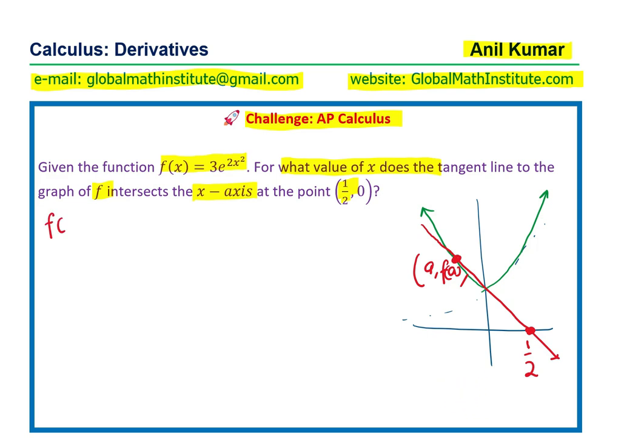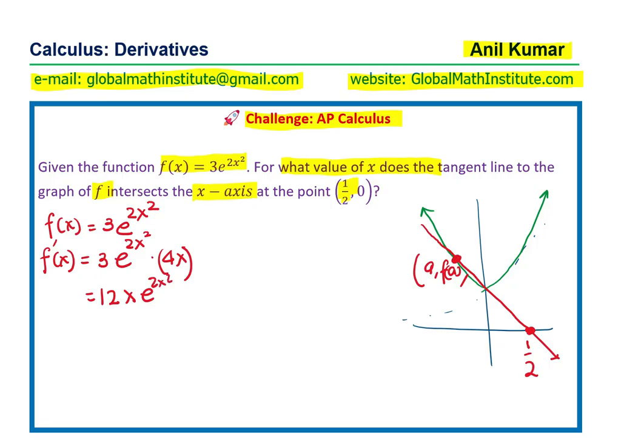We're given the function f of x, which is 3 e to the power of 2x squared. The derivative of this function is 3 e to the power of 2x squared times the derivative of 2x squared, which is 4x. So I could rewrite this as 4 times 3, 12x e to the power of 2x squared, correct?